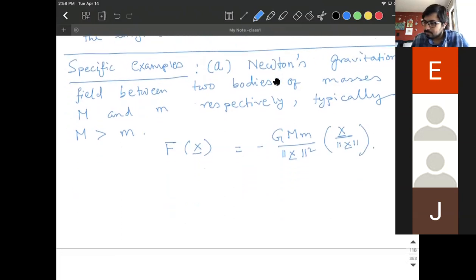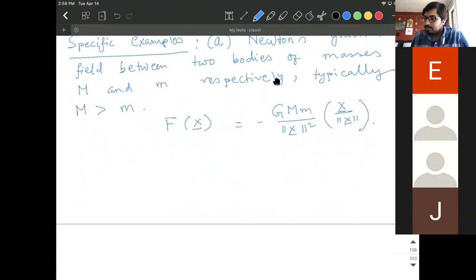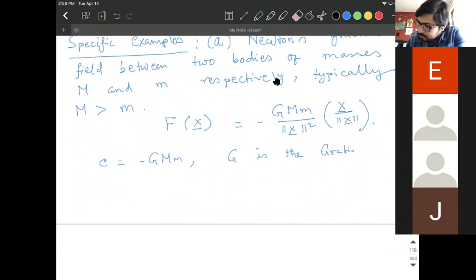And this is perhaps Newton's most famous work. So C in this case is minus G m M. So G is the gravitational constant.